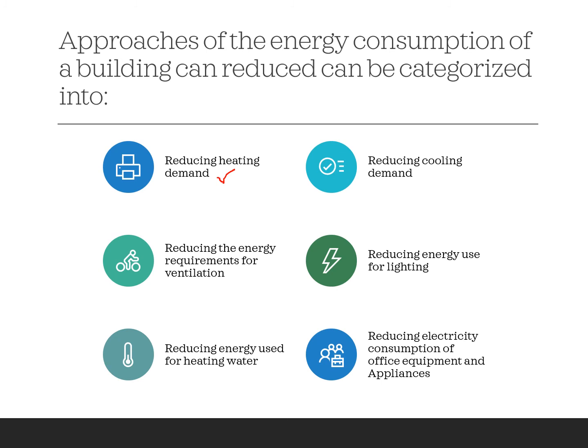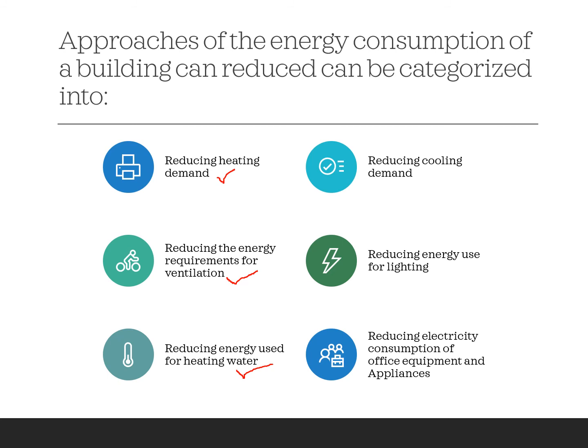And then the building approach to reduce the energy requirement for ventilation, so we use natural ventilation. And then reducing energy used for heating the water. Maybe for the heater we use solar energy from the sun. We collect the energy from the sun, we store it and use it for the water heater.